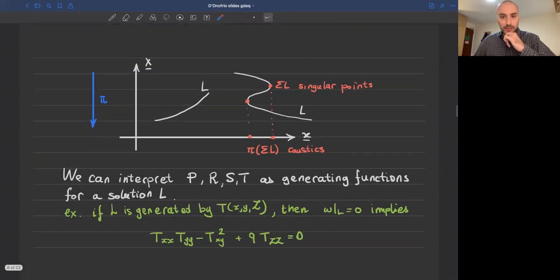This concludes the introductory remarks about the geometry of Monge-Ampère equations. And we're ready to introduce pseudo-Riemannian geometry into this context.